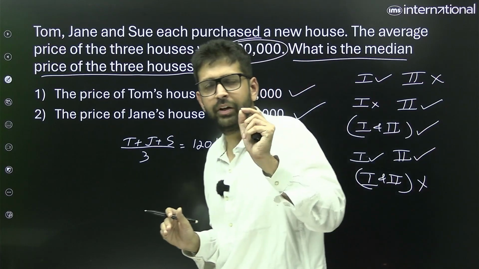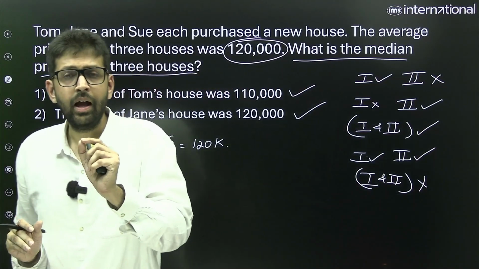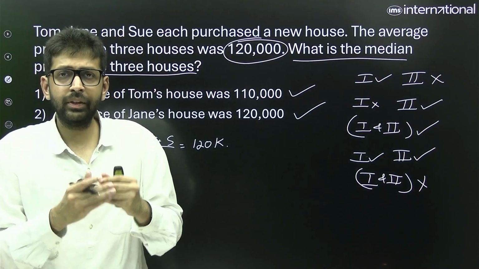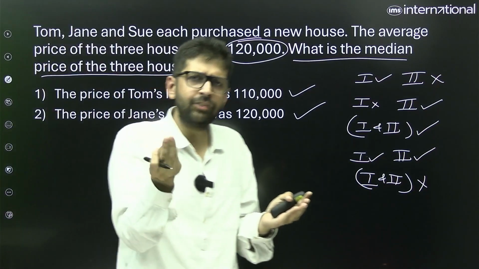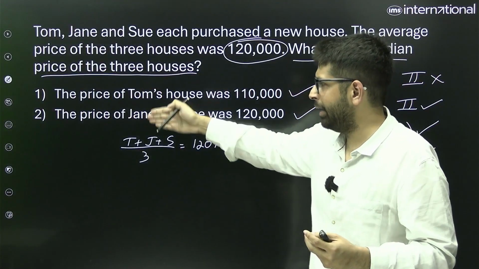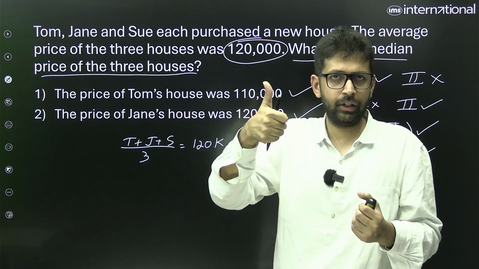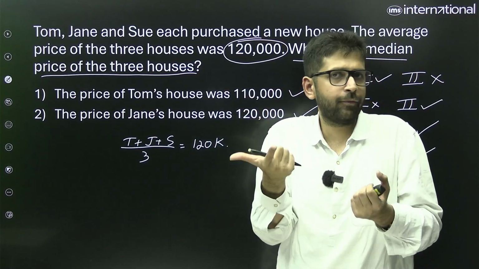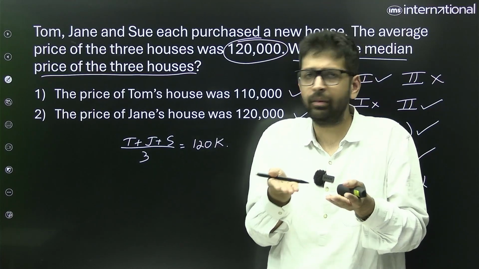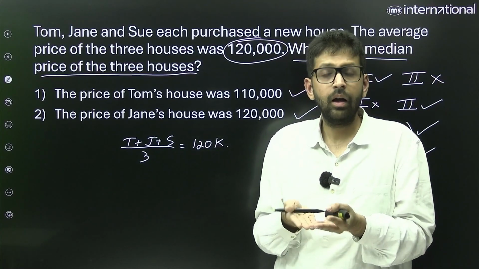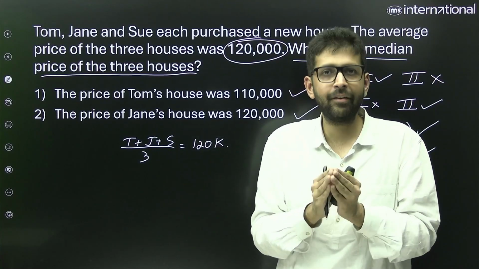Now, this is where most people make an error. Right after this, they combine both the statements and then they might be able to get the answer, because it is pretty straightforward that if I combine both the statements, I have the value of T, I have the value of J, and therefore I would be able to get the value of S. And once I get all these three values, calculating the median is going to be very easy. But you are not supposed to do that ever.